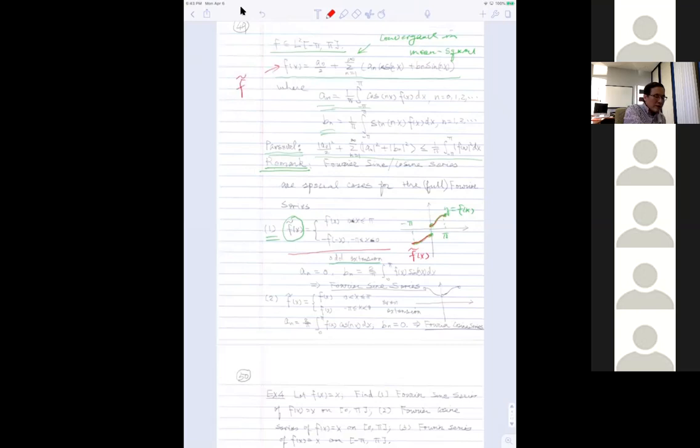Now, if we have f theta here, then this is an odd function. An odd function times an even function is what?